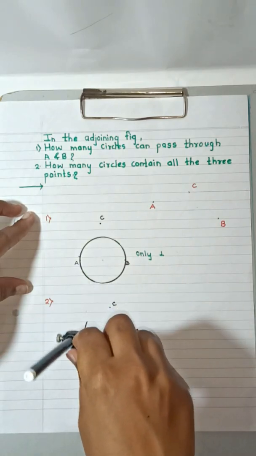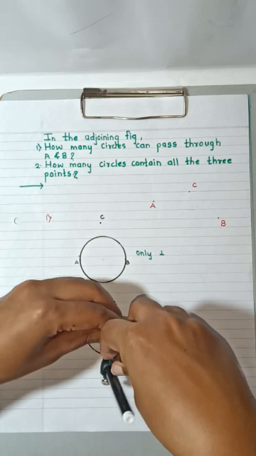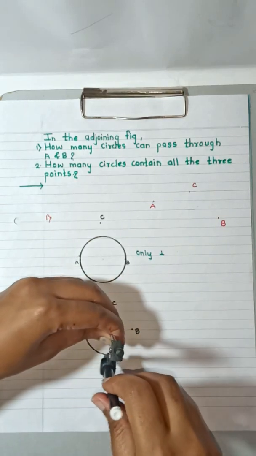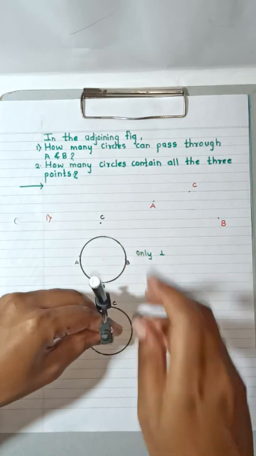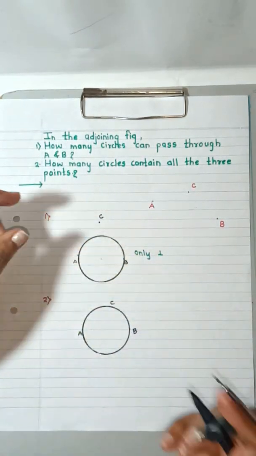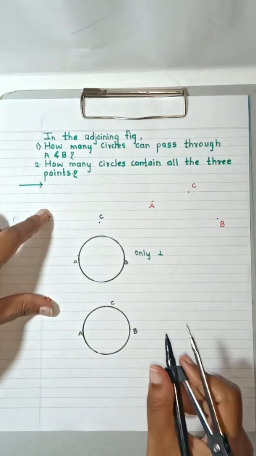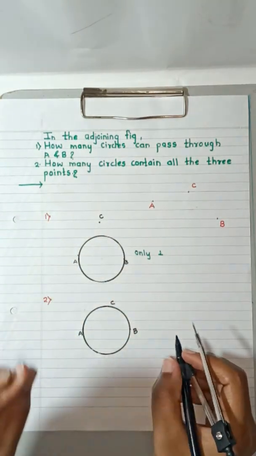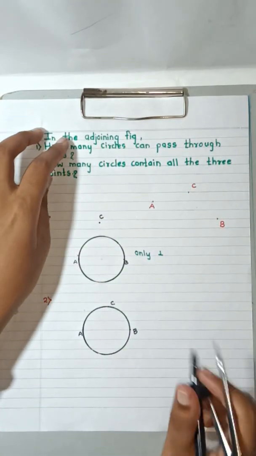Now if you see, you can see here only one circle can be drawn. Okay, only one circle passes through all the 3 non-collinear points.